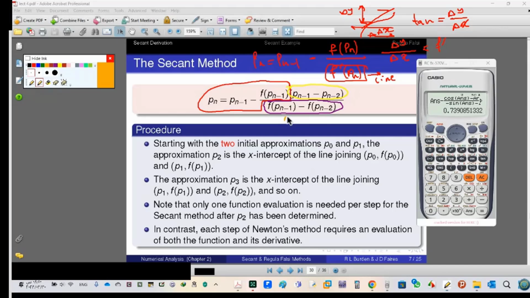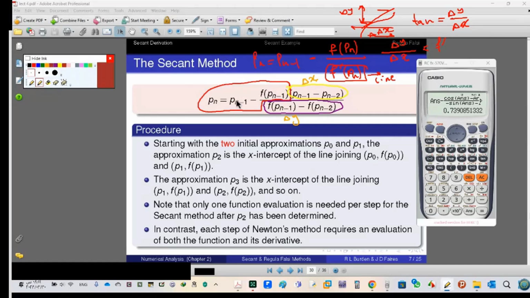This is delta y over delta x. So this method says the new p equals p minus f of p multiplied by the difference of Pn minus 1 and Pn minus 2 over f of Pn minus 1 minus f of Pn minus 2.